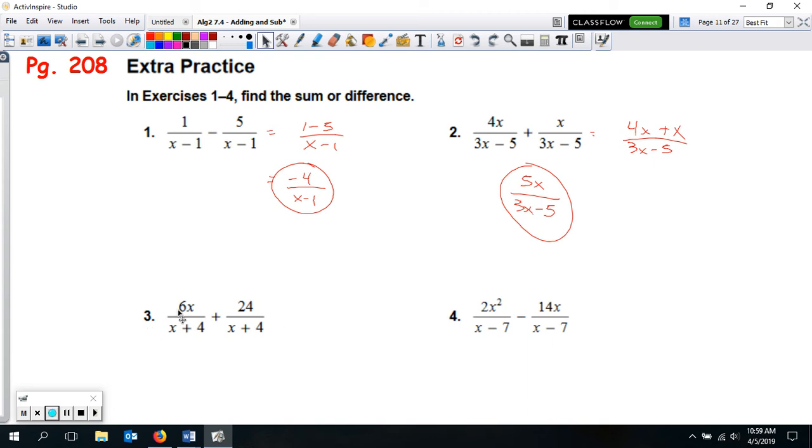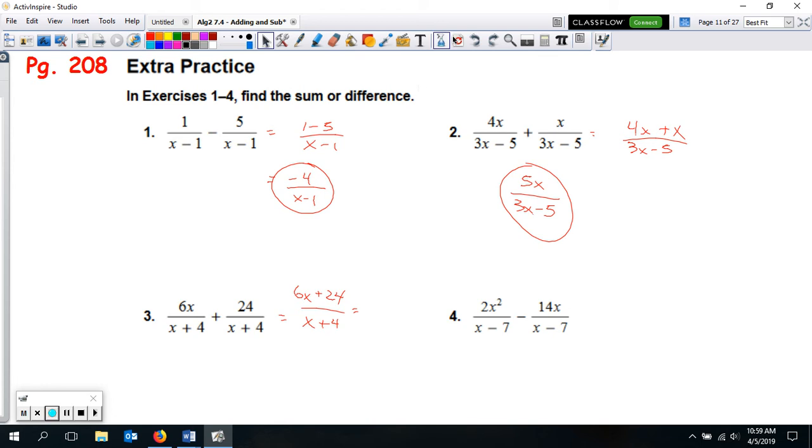Coming down to number 3, we're going to add numerators here, 6x plus 24, but those are not like terms, so we can't put them together. It's over the common denominator of x plus 4. But what we can do on this one is factor out a common factor, because 6 goes into 24.